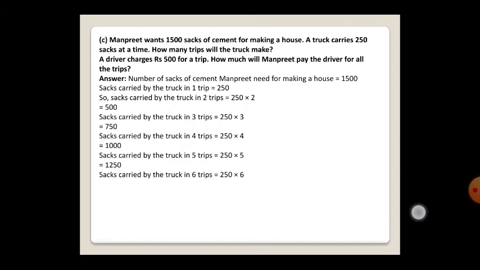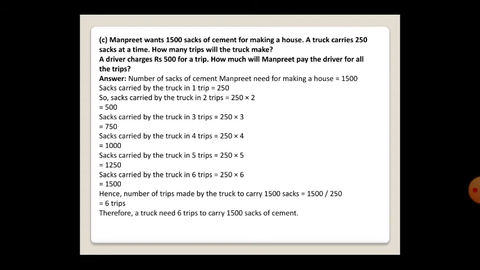In 6 trips, 250 multiplied by 6 is 1500. You can also divide 1500 by 250, or do it by multiplication. Hence the number of trips is 6. Therefore a truck needs 6 trips to carry 1500 sacks of cement.